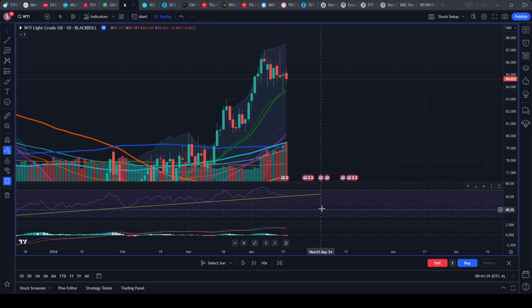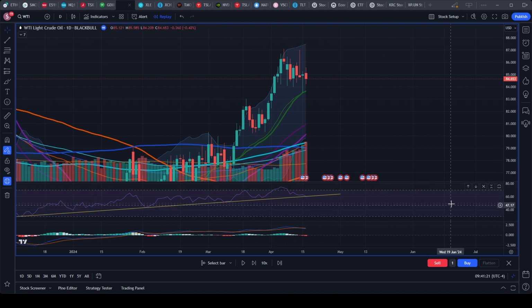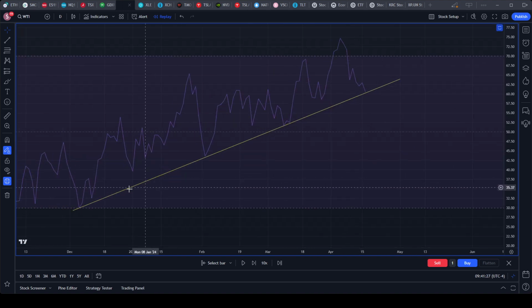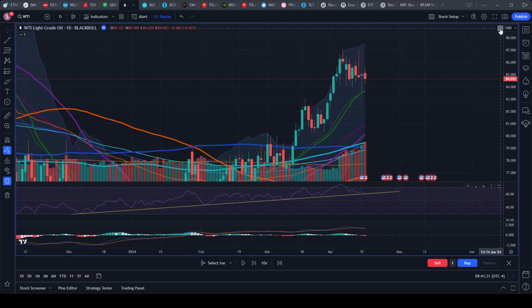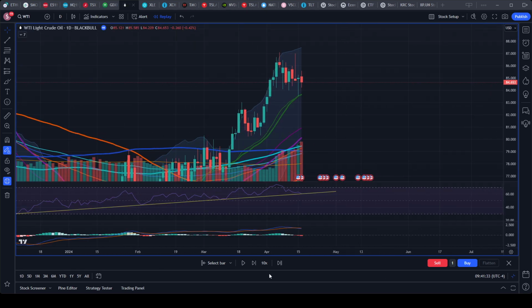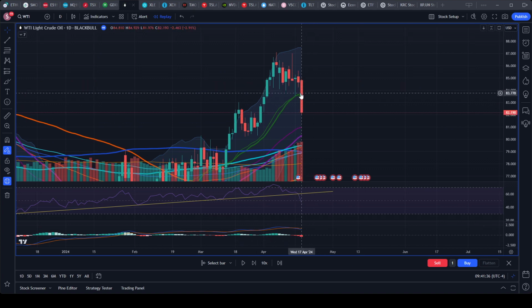Okay, I'm going to point your attention to the RSI. As you can see right now, it is edging the support trend line, and yes, you can draw a support trend line on the RSI. If we take a look at the next candle, a big red candle effectively negates the bull flag because the support is broken, the moving average I'm saying.